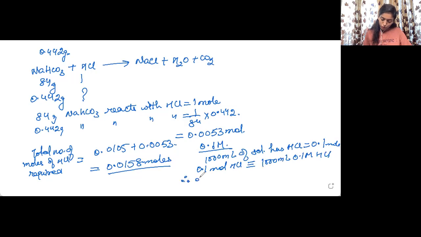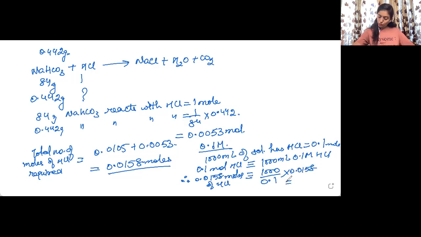Therefore, 0.0158 moles of HCl will be equivalent to 1000 upon 0.1 multiplied by 0.0158.